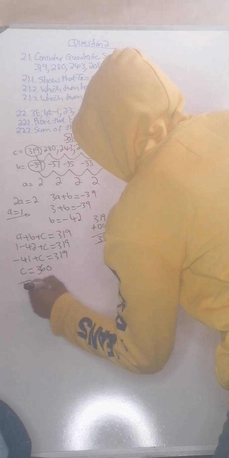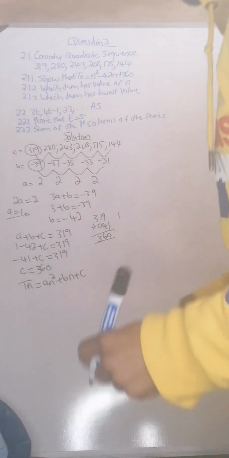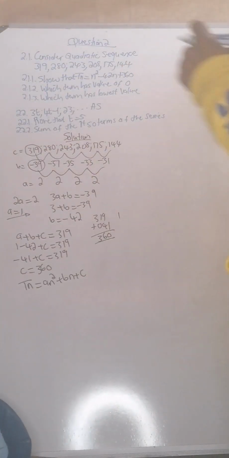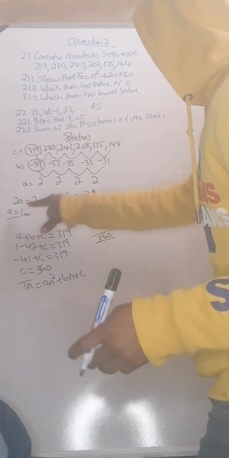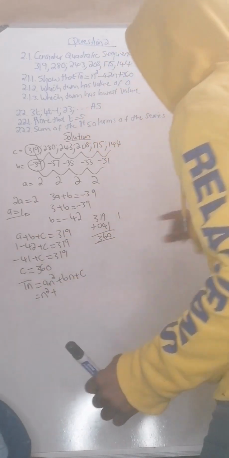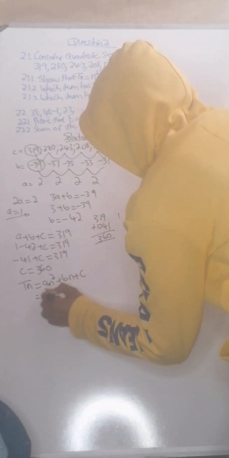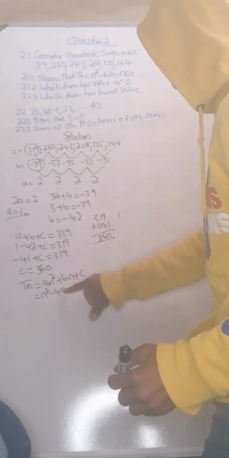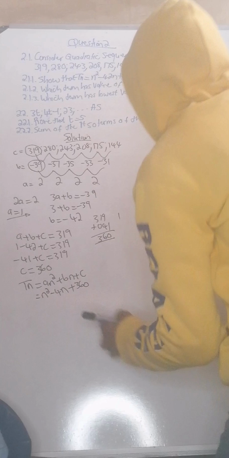Therefore, Tn equals an squared plus bn plus c. This is the mathematical equation that describes the pattern of a quadratic sequence. The value of a is 1, and 1 times n squared is n squared. The value of b is negative 42, so negative 42n, and the value of c is 360.